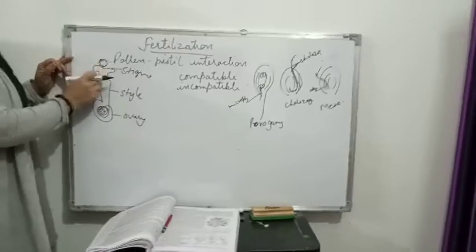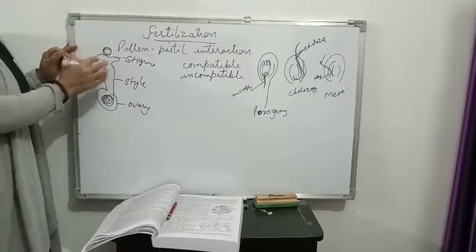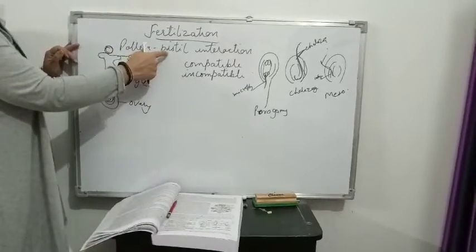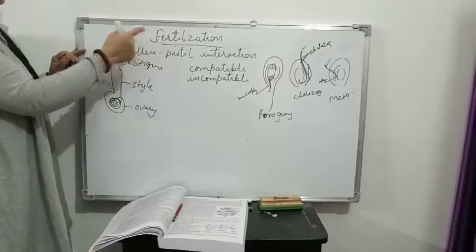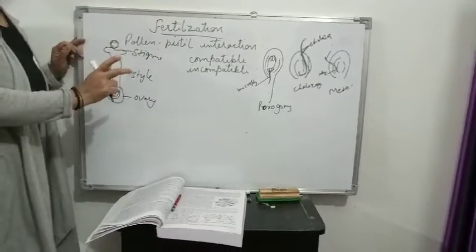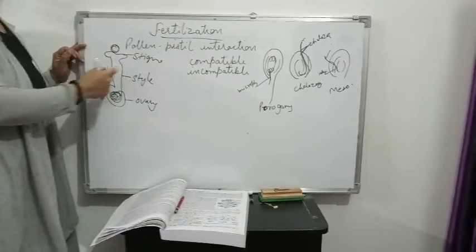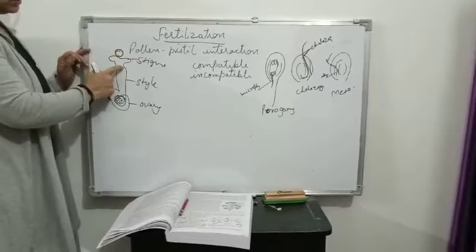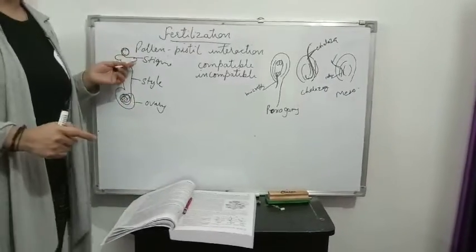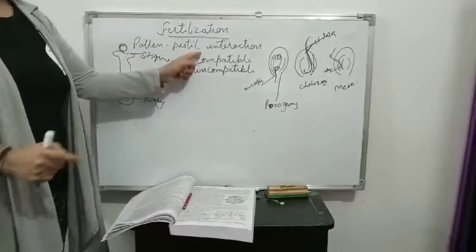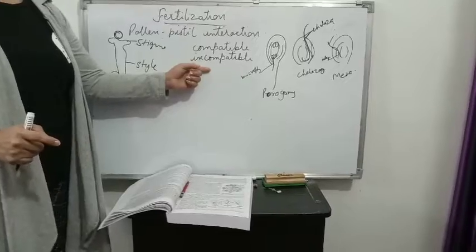So how does the pistil interact with the pollen? This is very important from the point of view of fertilization, because fertilization will take place only when there is a pollen and pistil interaction. For this interaction, what happens? These two words I have written, compatible and incompatible.